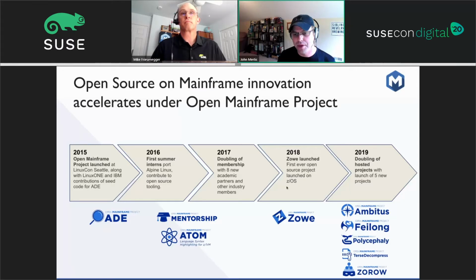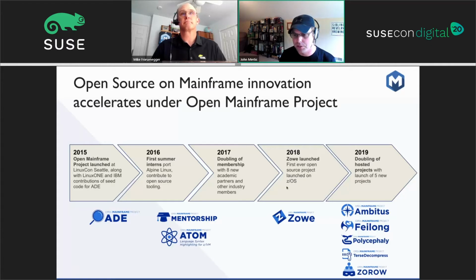And even from there, we've spent a lot of time developing an area where mainframe-centric open source projects have a home to live. We started that in 2018 with the launch of Zowe, which focuses on z/OS enablement with modern application stacks and APIs, but then grew to a lot of different angles.